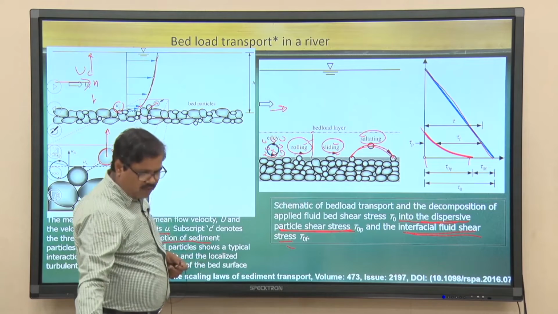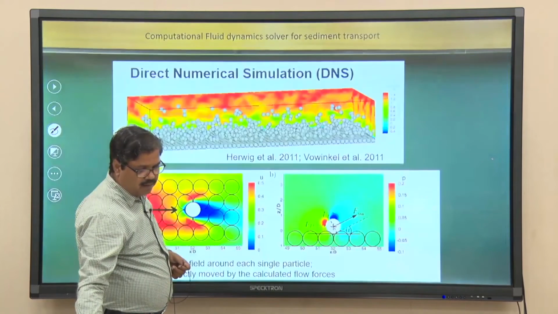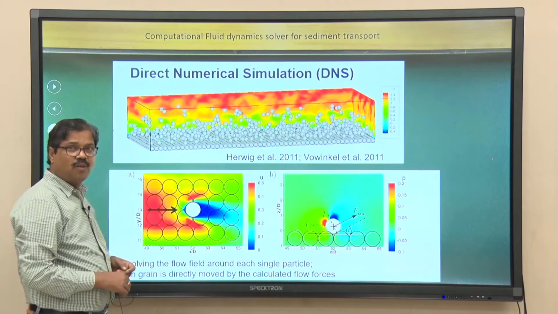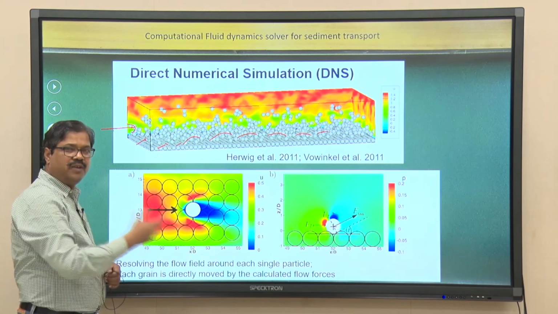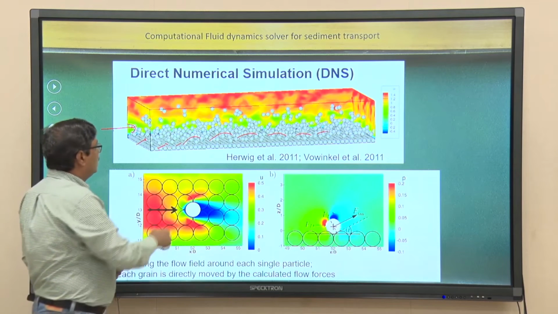For example, with the numerical codes of computational fluid dynamics available, the bed sediment particles can be represented as equivalent spherical balls, and if the flow is going like this, you can see the particles rolling, hopping, or sliding.